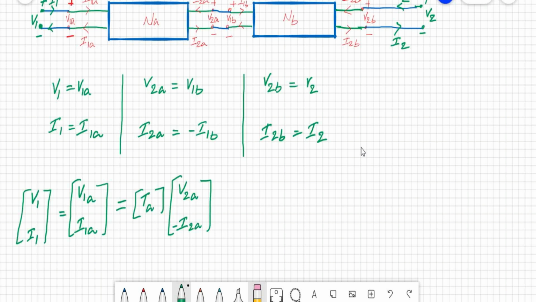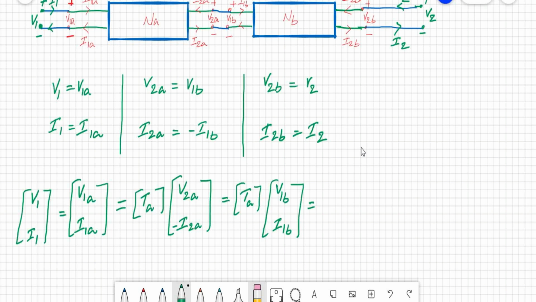But what is this V2A? From this, V2A is equal to V1B. So let us replace it. TA, that is your transmission matrix or ABCD matrix, and V2A is nothing but V1B. And I2A is nothing but minus I1B. Minus of minus is plus, so here you are going to get I1B. Again you got TA, V1B, I1B.